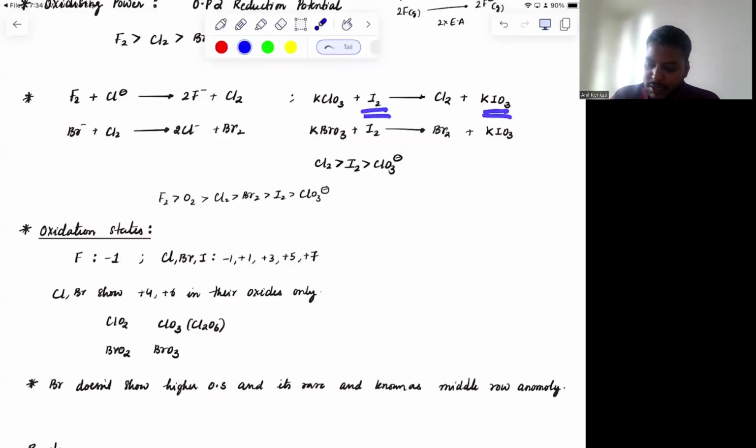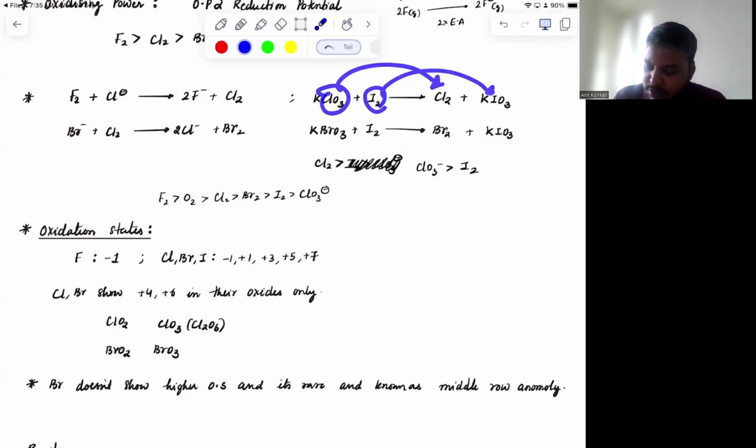I2 is getting oxidized. ClO3 minus is getting reduced. A bit wrong here. So Cl2 is more than ClO3 minus and I2, because I2 is getting oxidized easily and ClO3 minus is getting reduced easily.